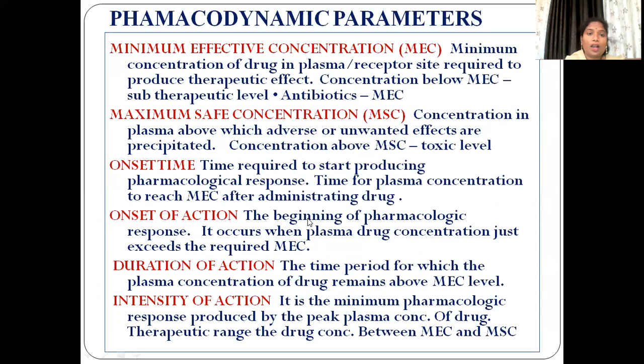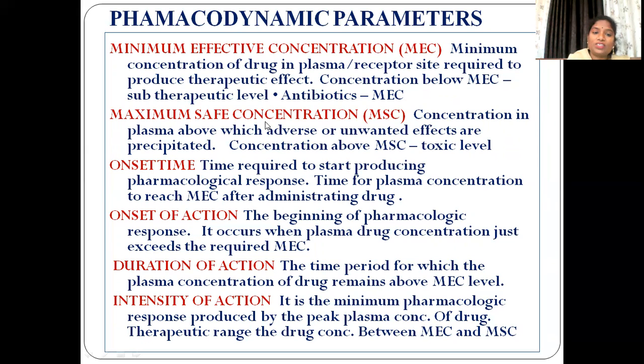Coming to the pharmacodynamic parameters, the first is the minimum effective concentration. The minimum concentration at the receptor site required to produce the therapeutic effect, that we call the minimum effective concentration. I already told you, when you are taking antibiotics, we call it the minimum inhibitory concentration.